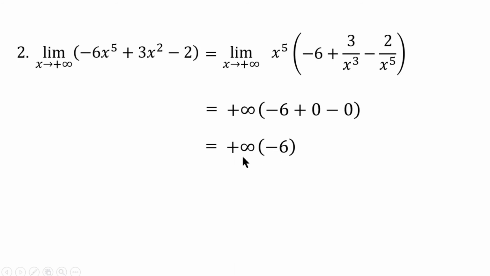And positive infinity times negative 6 is equal to negative infinity. When multiplying an infinity and a number, the answer is infinity. We just need to multiply the signs. Thus, positive times negative is negative. So the limit of this function as x approaches positive infinity is negative infinity. And that is all about limits at infinity.